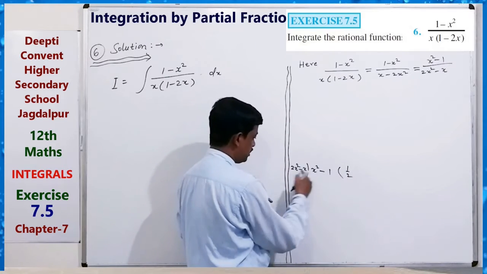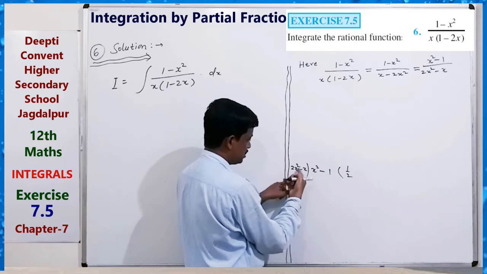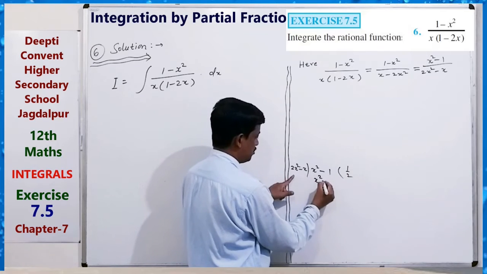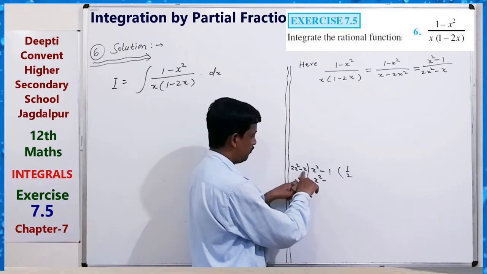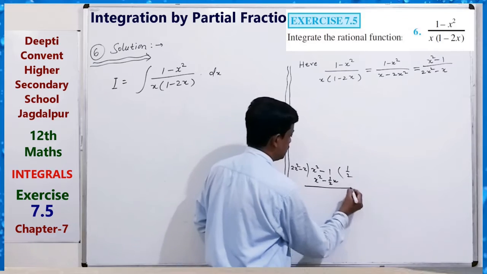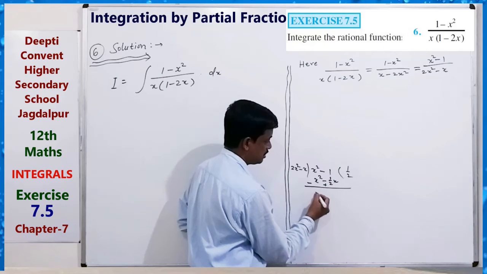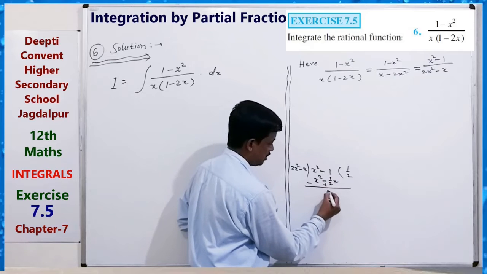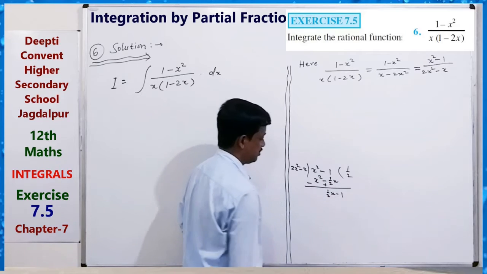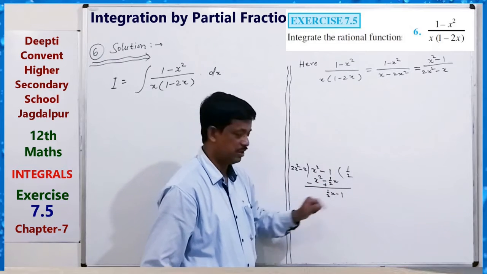Multiply this into half: x square minus half x. This is minus sign, this is plus sign, so x square cancels. So we get half x minus 1, plus half.